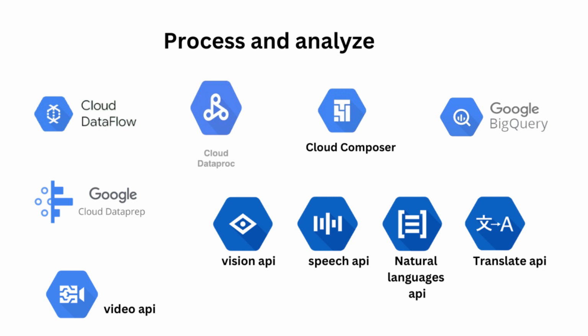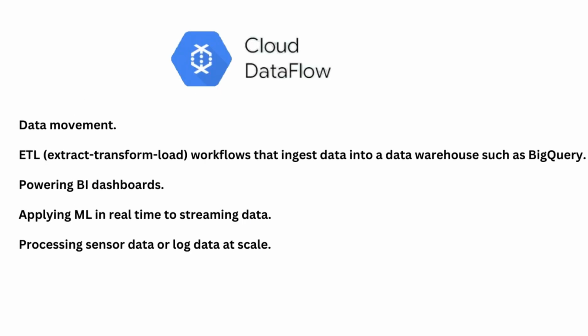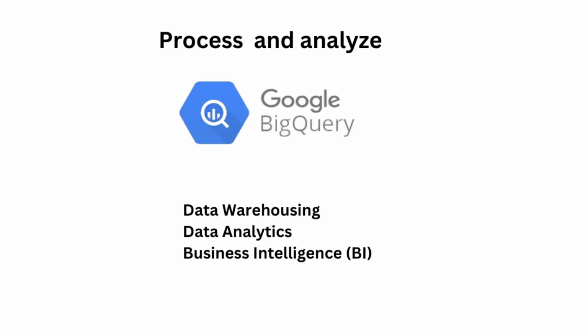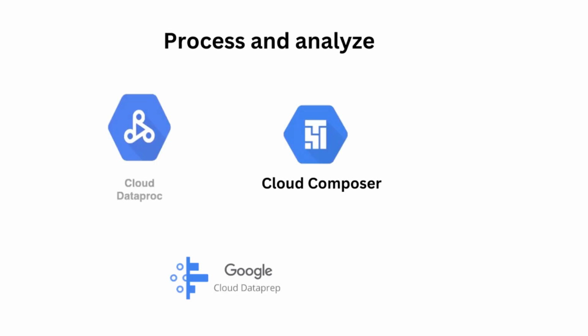When you are selecting a service for processing, you have to think about what kind of processing and analysis you need to do with your data. For example, if you want to develop and execute data processing pipelines for both batch and stream data with a fully managed service, you can choose Dataflow. BigQuery is useful if you have analytical purposes for your data. Dataproc and Cloud Dataprep are some of the other services used for data processing.